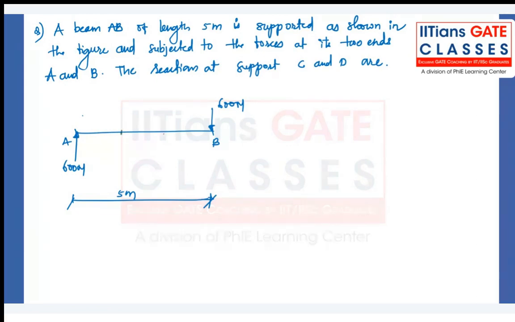I'll repeat the question. We have a beam AB of 5 meter length supported as shown in the figure. C and D are the support points, and it is subjected to forces at the ends.